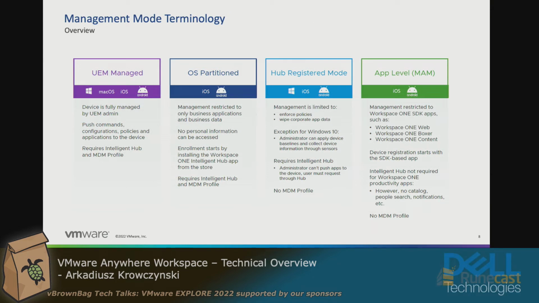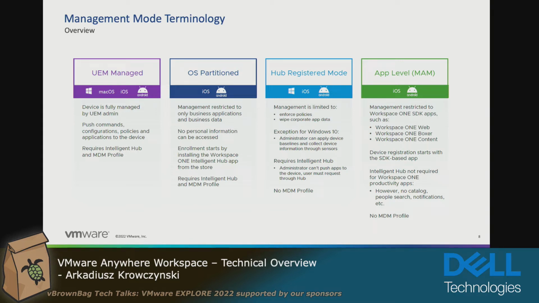It's known from the past years. When we are talking about Workspace ONE, we have different types of terminology. We have fully managed devices, where the device is controlled by your IT. You can push your profiles, push your applications, and check the device state. You have OS-partitioned devices with the work profiles from Android or partitioned devices from iOS.